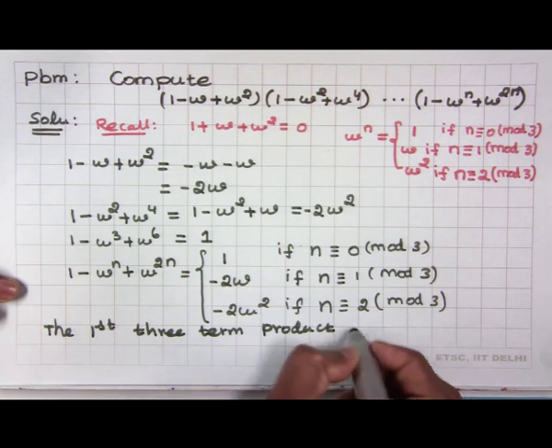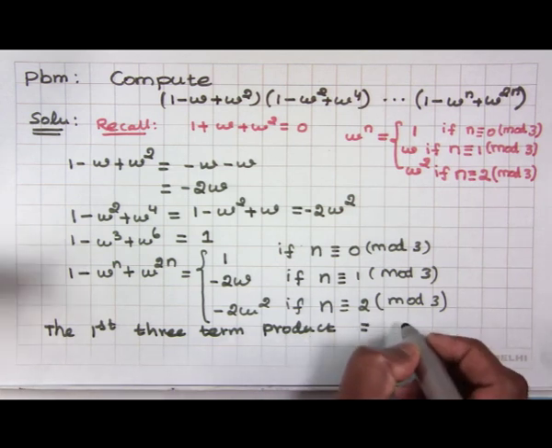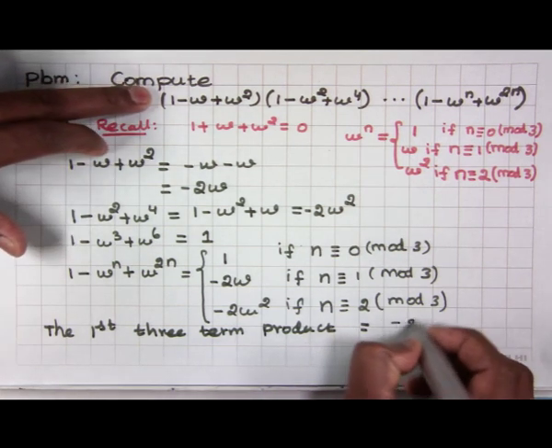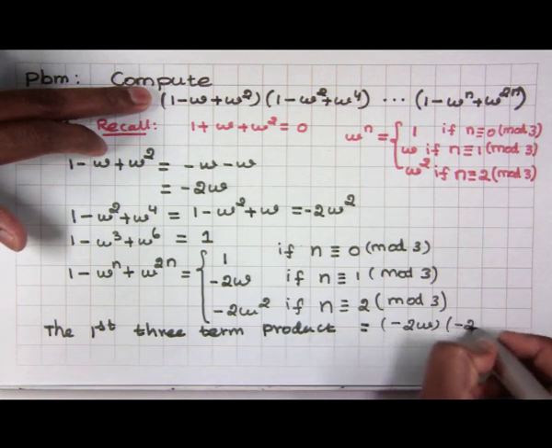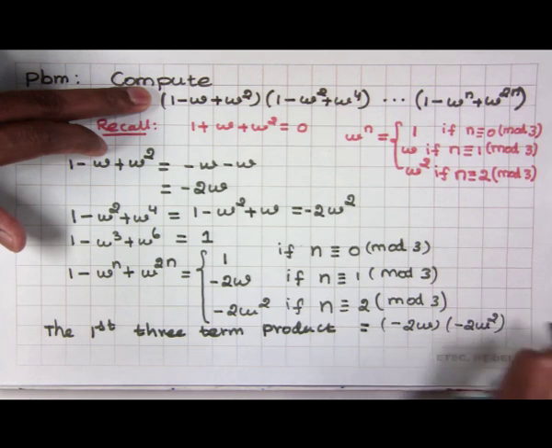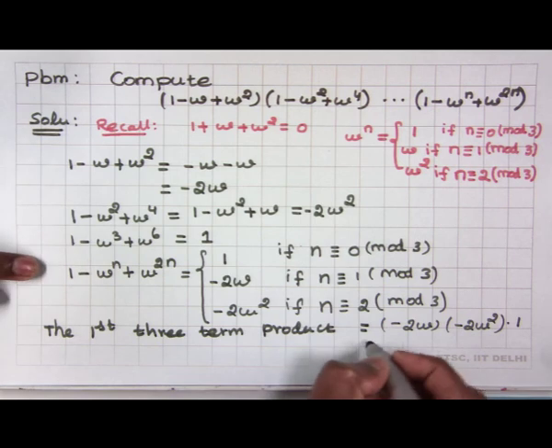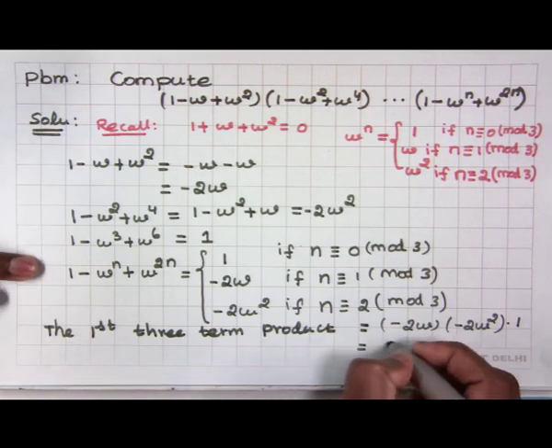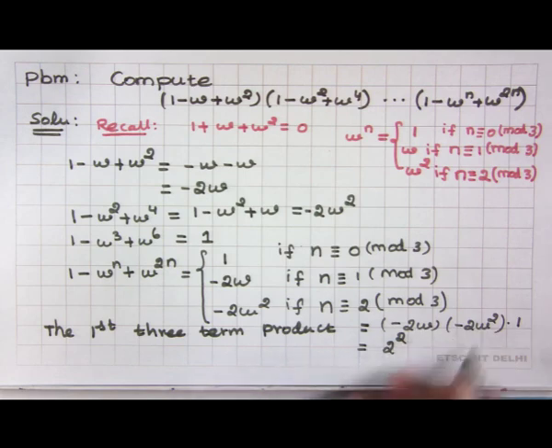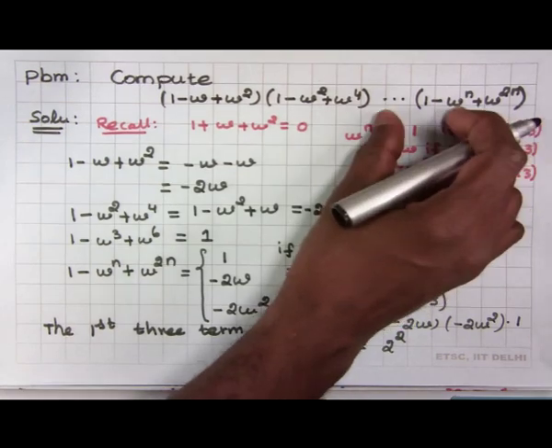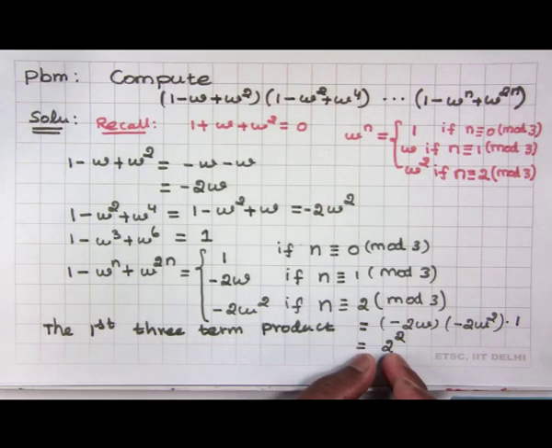We get the first term is minus 2 omega and the next term is minus 2 omega square and the next term is 1. So, the value is 2 square, the remaining is omega cube, that is 1. If I take the other set of 3, again you are going to get 2 square.